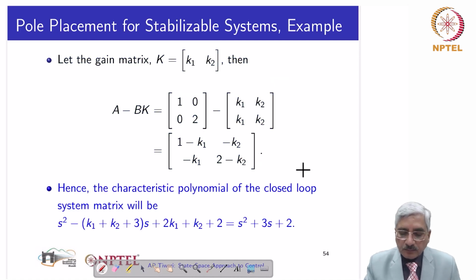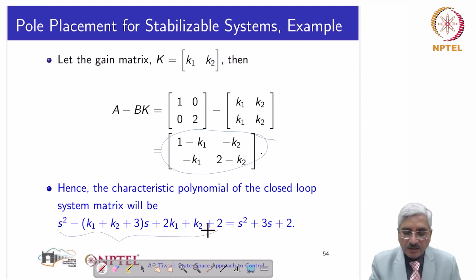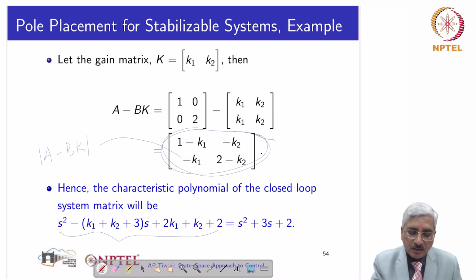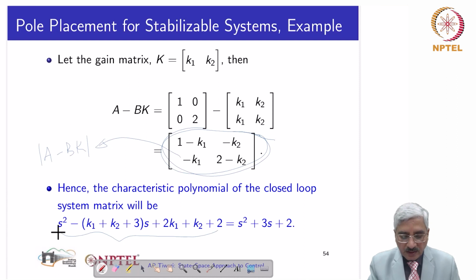and its characteristic polynomial will be obtained like this. Determinant of A minus BK, with this here, we will get this, and we want the desired characteristic polynomial to be this.